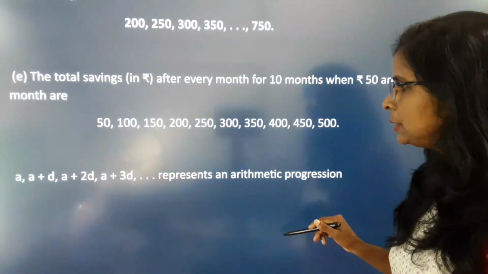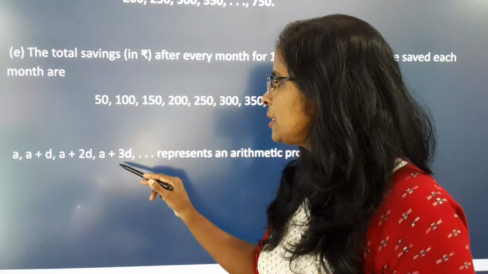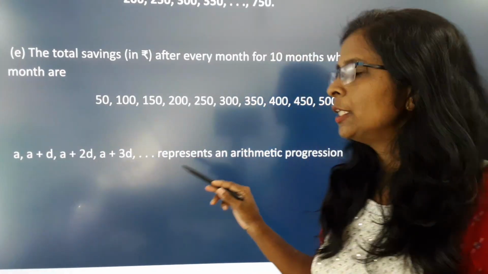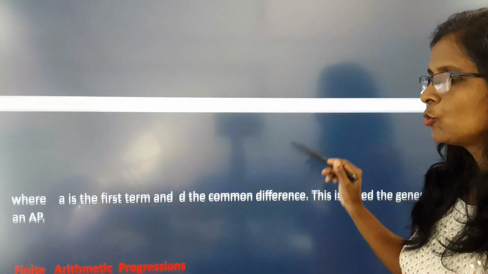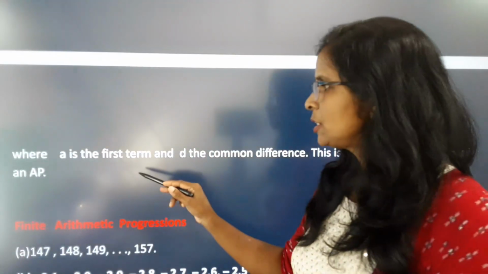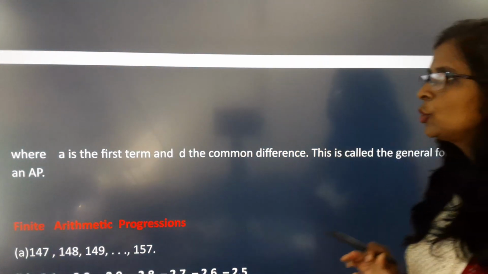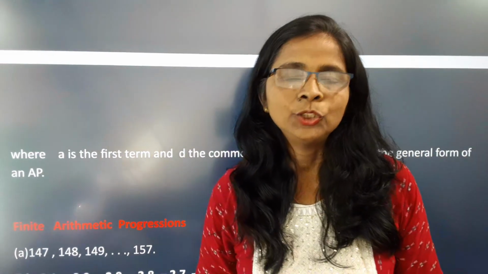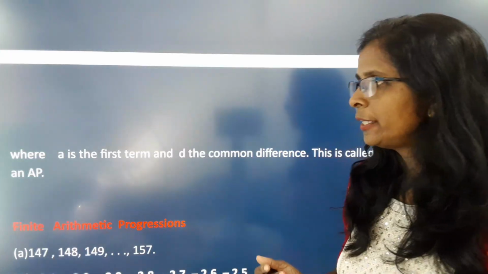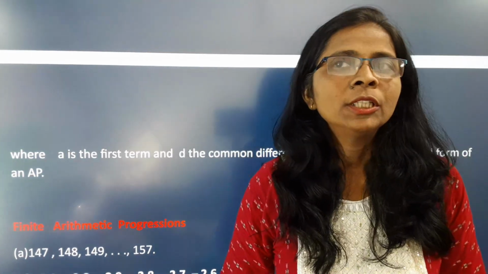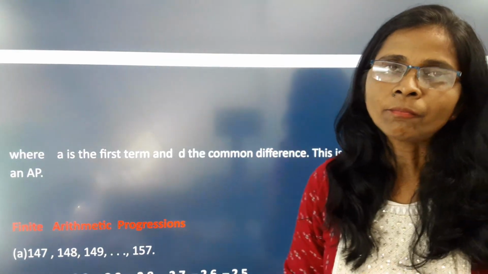Now students, see here that a, a plus d, a plus 2d, a plus 3d, dot dot dot represents an arithmetic progression. Here a is the first term and d is the common difference. So this is called the general form of an AP. This way, if you want to find the last term, then we can also get the formula.